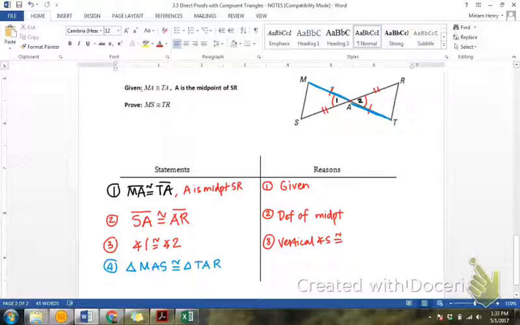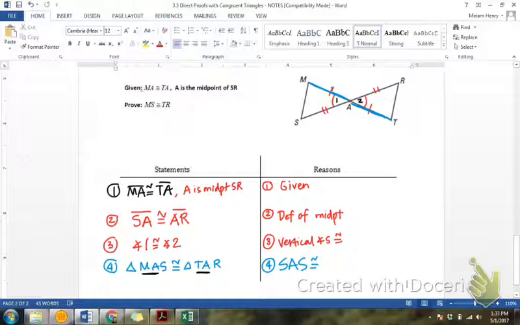Remember we talked about on Thursday making sure that things match up? Look, MA are the first two and TA are the first two. That means they match up. So the reason for number 4 is side angle side. And now that my triangles are congruent, I know that everything else has to match up.